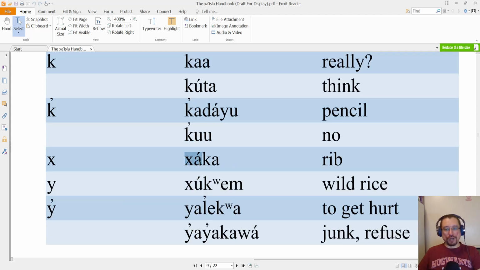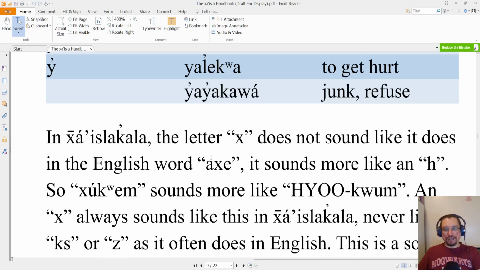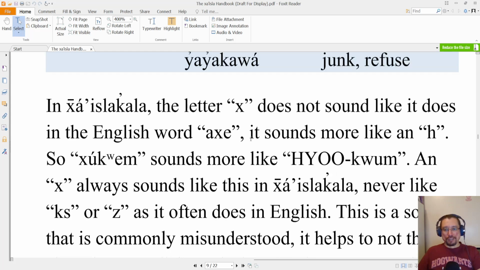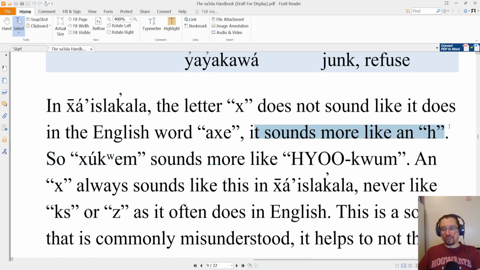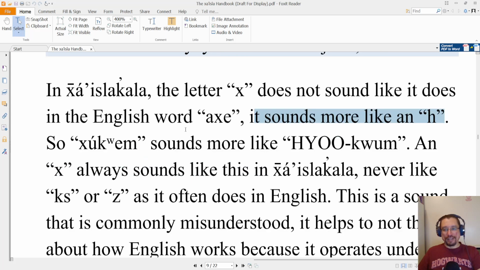These are X's followed by a vowel. Hya, hyu. If it's at the end of a word, it sounds like h. It's a kind of a hissing sound. So it doesn't sound like axe in English. It sounds more like an H or like a hissing sound. It's a very high kind of sound.